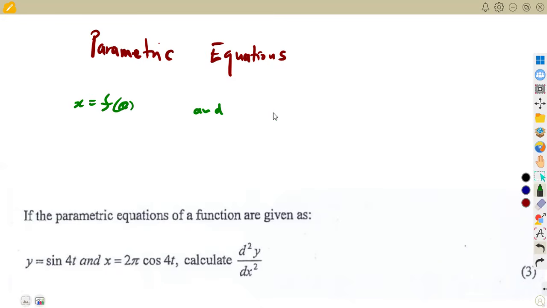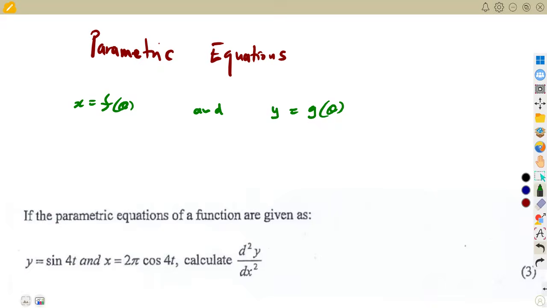And also we have y as a function of theta, which is g(theta), and f(theta) for x. These two functions are in terms of theta. It's x in terms of theta, y in terms of theta.